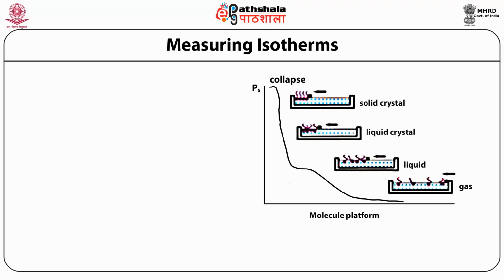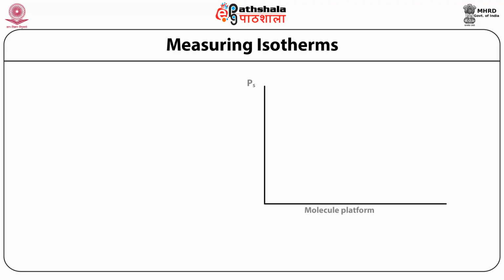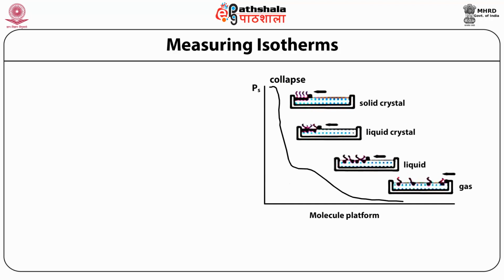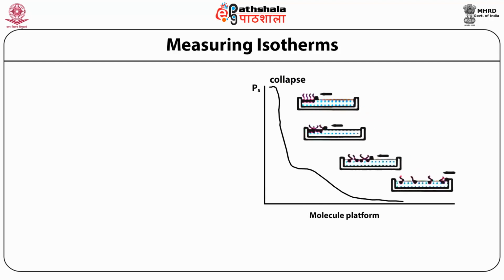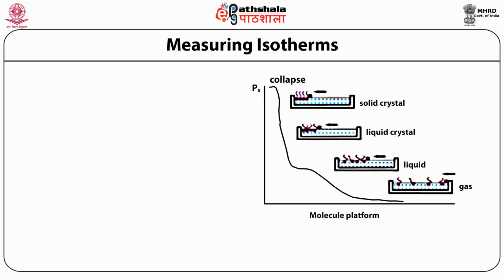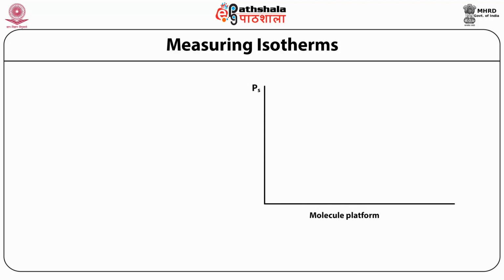So on this slide we talk about measuring the isotherm, as you also see in the picture. The question is, when we spread the surfactant molecules on the surface, how do we know whether they are in gas phase, liquid or solid form? Initially, as we discussed earlier, we make sure that the concentration of this molecule is very small on the surface, so that they just move like a gas in 2 dimensions.